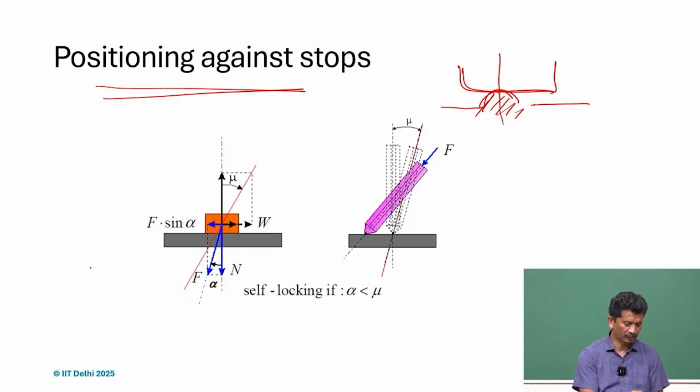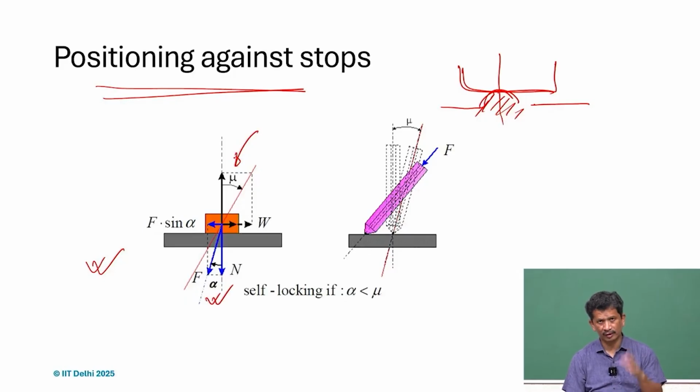A very simple case: if we try to slide this orange block on the surface, because of mu we can also define alpha, which is smaller than tan inverse mu, that angle. If it's very small, then we can say more or less it's mu.